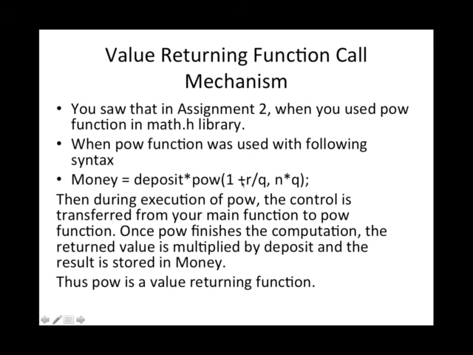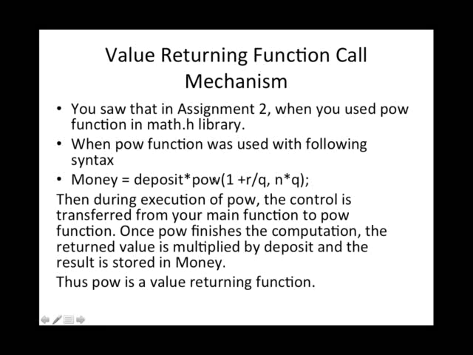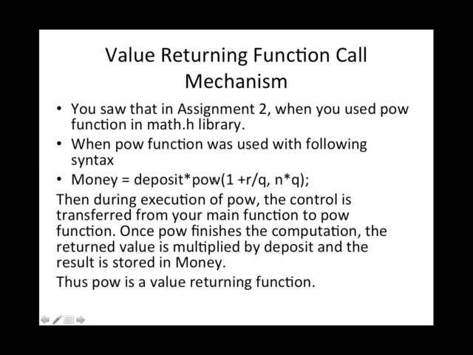And using these arguments, the pow or power function executes an algorithm, computes the required computation, and the value returned is then multiplied by the deposit, and this composite value is stored inside money. Thus, pow that you used here is a value returning function. Okay?